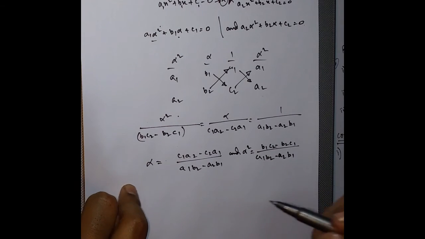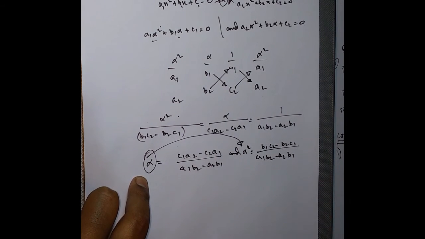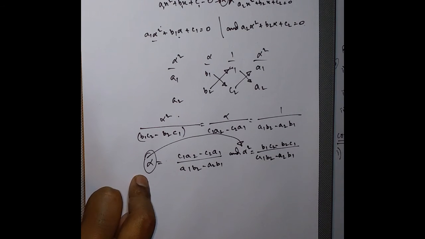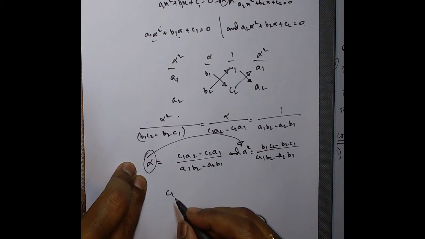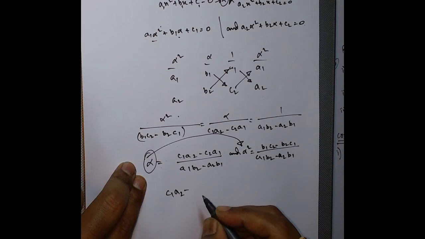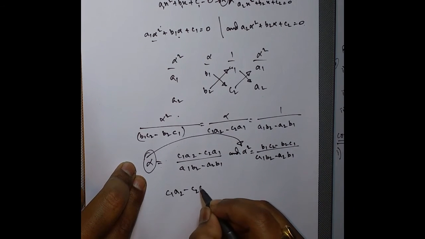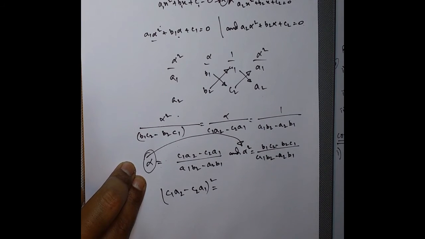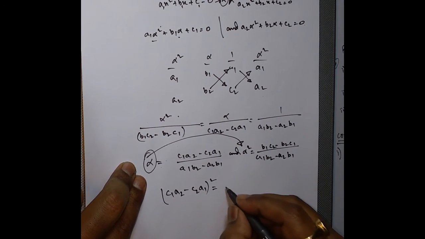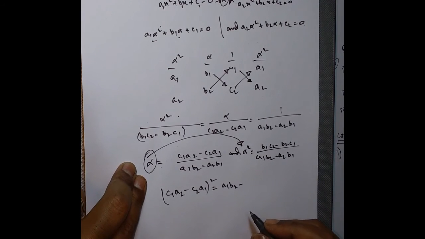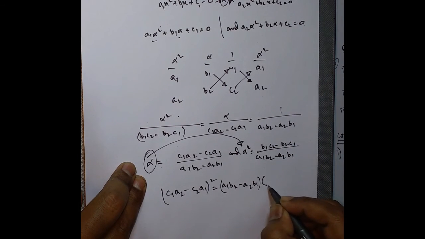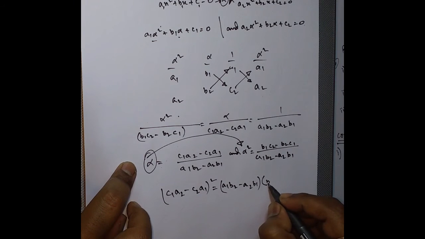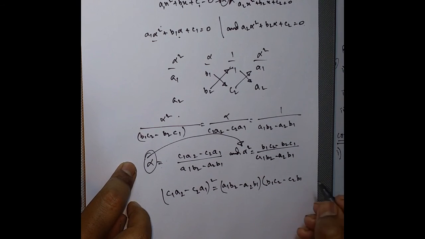Now putting the value of alpha in alpha square, you find the final summed up result: (c1 a2 minus c2 a1) whole square is equal to (a1 b2 minus a2 b1) multiplied by (b1 c2 minus b2 c1), however you write it.